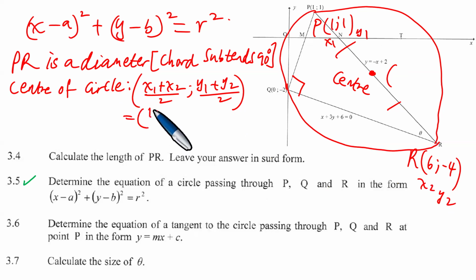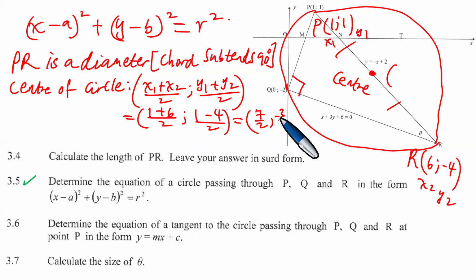x1 is 1, x2 is 6, out of 2. y1 is 1, y2 is minus 4, out of 2. 1 plus 6 is 7 out of 2, and 1 minus 4 is minus 3, out of 2.